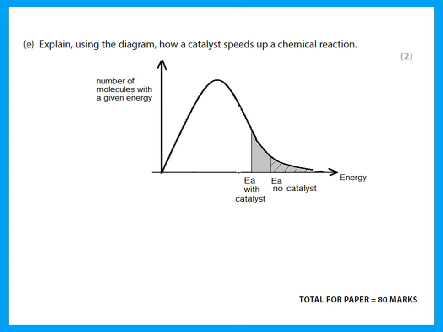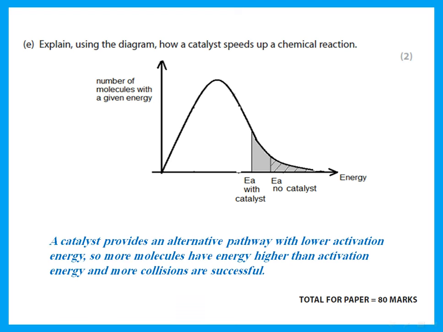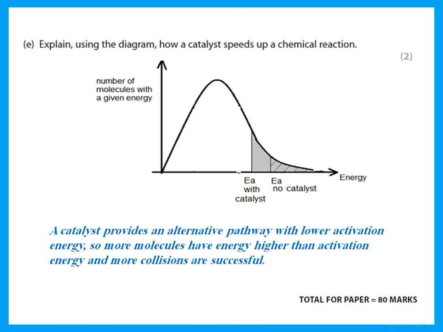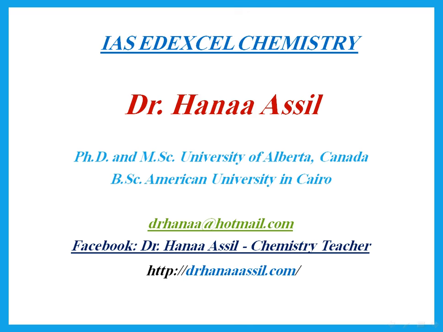Remember that it's the molecules that have energy higher than energy of activation that can collide and have effective collisions that lead to reactions. So what the catalyst does is that it provides an alternative pathway with lower activation energy. So now more molecules have energy higher than the activation energy and more collisions are successful.